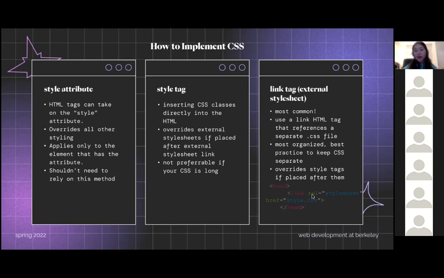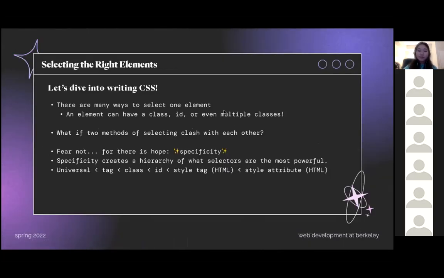And then you also have to have rel equals stylesheet just to let them know that this is the CSS that you're connecting to it. So as it says here, it's the most common, it's the most organized, and it's best practice to keep it separate from the HTML.